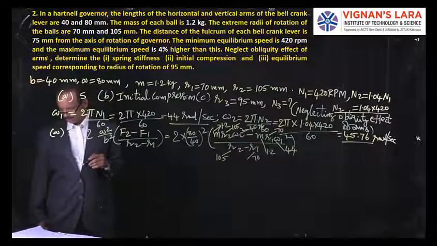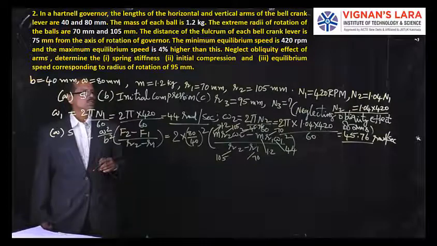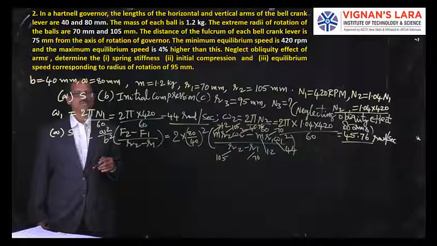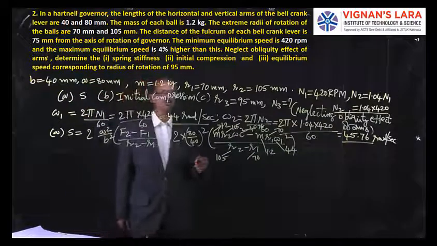Let me put everything in the equation and calculate the stiffness of the spring. So S is equal to 2 into A square by B square, into F2 minus F1 by R2 minus R1.